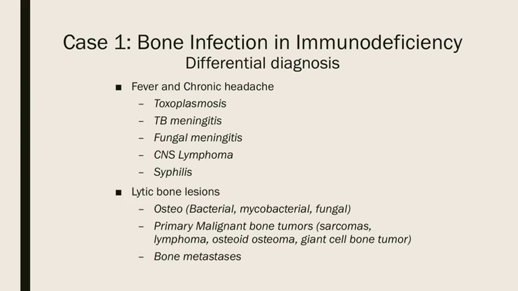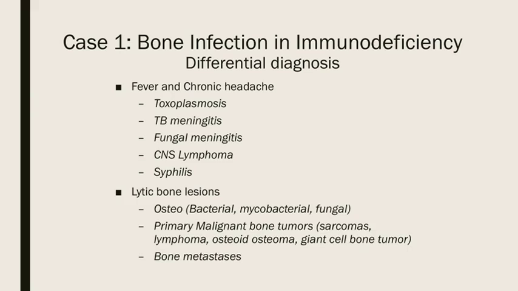Again, you could think of the fact that this patient is CD4 lymphopenic, and so, if you think about conditions that might affect an HIV positive patient with AIDS, probably the differential diagnosis is similar, and I think I've captured most of the major ones in this list.